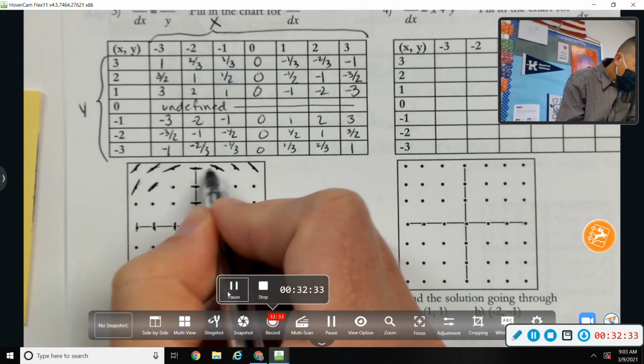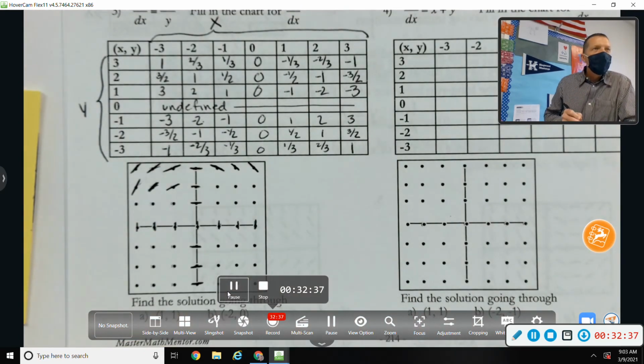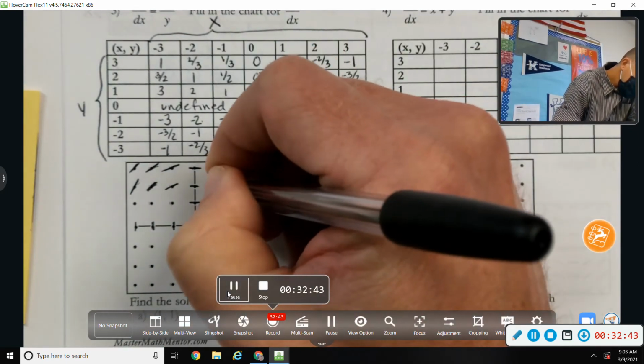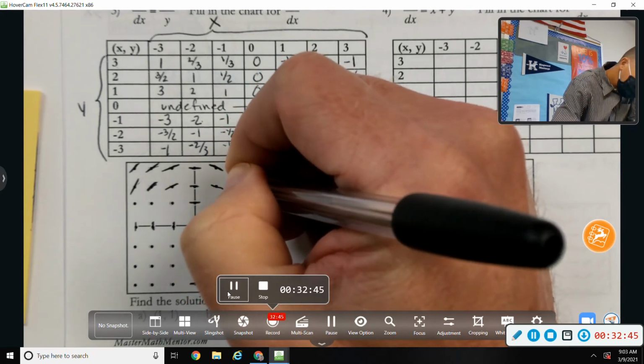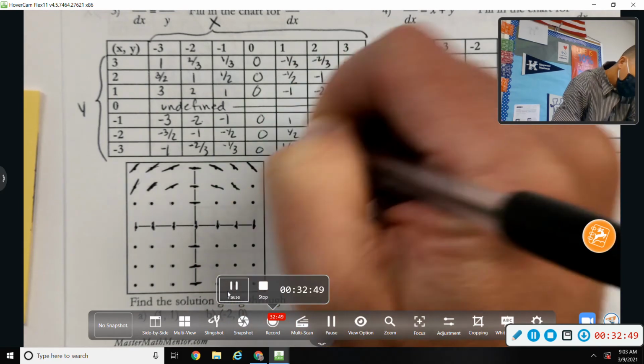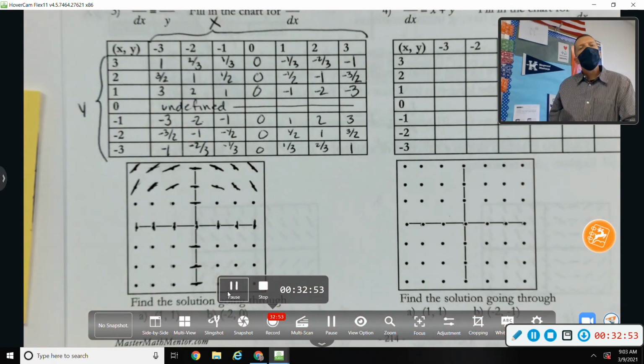Slope of 1/2 is not hard to do. On the other side, let's see, negative 1/2, negative 1, and then negative 3/2, a little bit steeper than negative 1. And again, you start to see a pattern here.